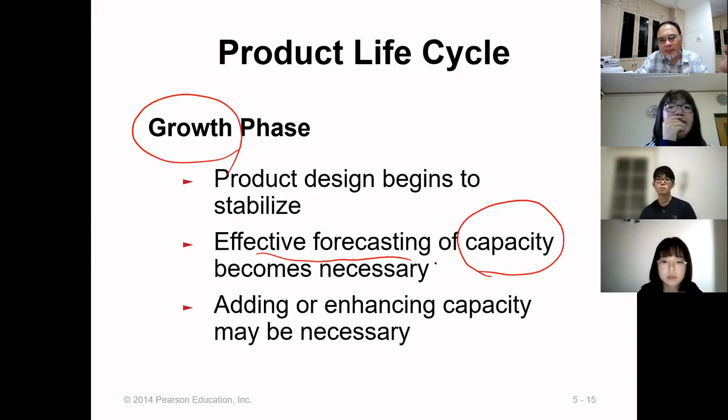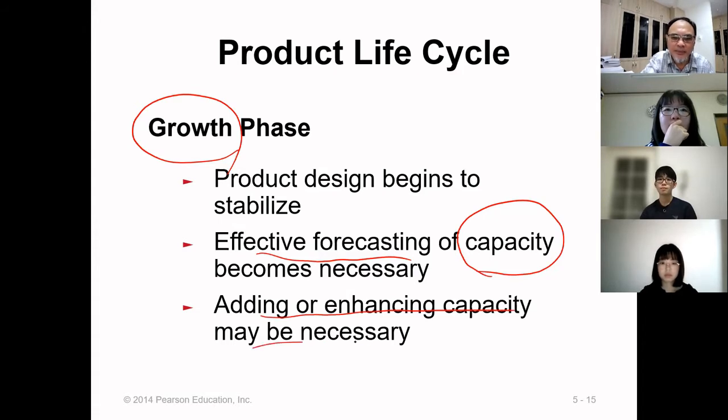If suddenly the capacity needs to double, meaning demand increases, you need to increase the machines. If you don't, you are going to lose market share. Competitors will eat up your market share. So adding or enhancing capacity may be necessary. Operations will think about how to increase capacity during the growth stage.